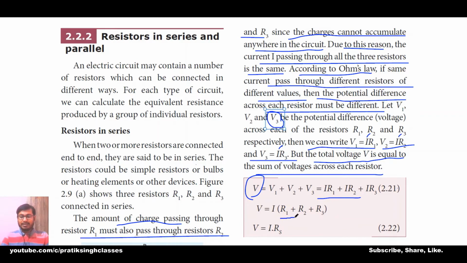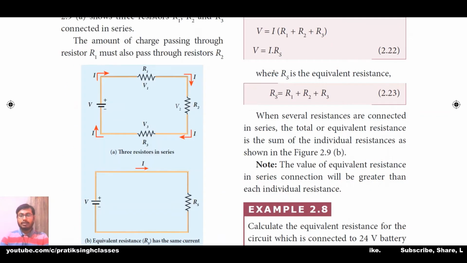And suppose the combination of R1, R2 and R3 is RS, that is the equivalent resistance in series combination of the resistors. So RS is equal to R1 plus R2 plus R3.